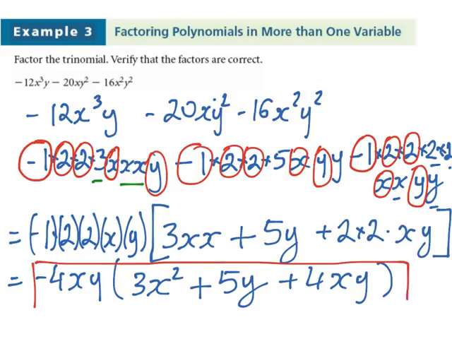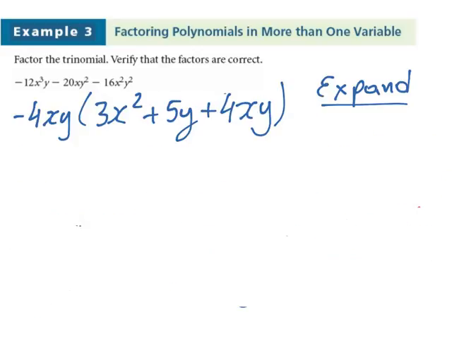We're going to try to verify this using, again, the expansion, the opposite of factoring. So we're going to expand, and then we'll see if we get our question. It is good practice to draw these little arrows.